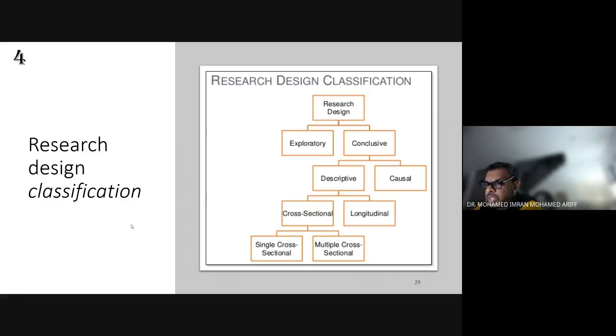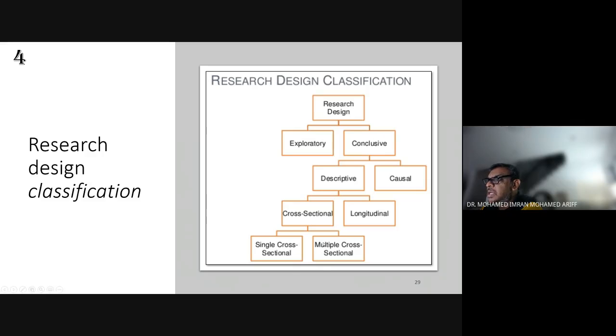Pada awal proses, pada awal construction, you buat satu survey. At the end of the construction, you buat another survey. Okay, that is longitudinal. Adakah longitudinal ini quantitative or qualitative? Tidak. It can be both. You boleh interview orang pada awal proses, again you can interview them at the end of the process. Boleh, tidak ada masalah.